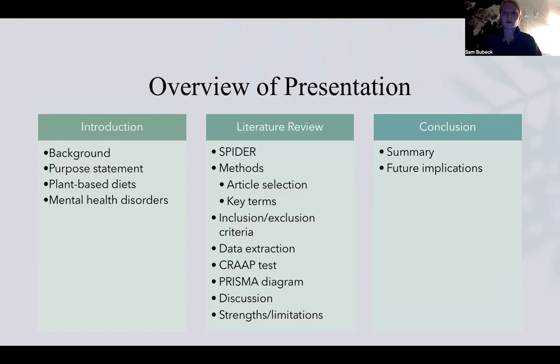And lastly, we will have a portion of the conclusion in which I will summarize my findings, and I will also use those summarized findings to apply it to future implications, both for dietetic practice and for research.